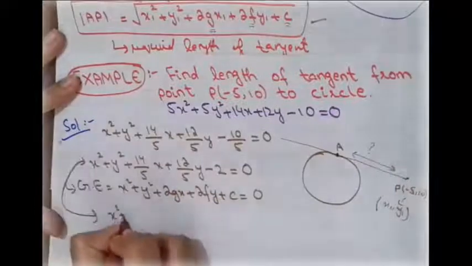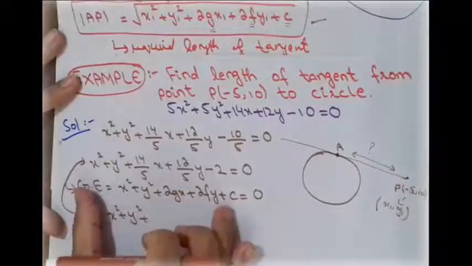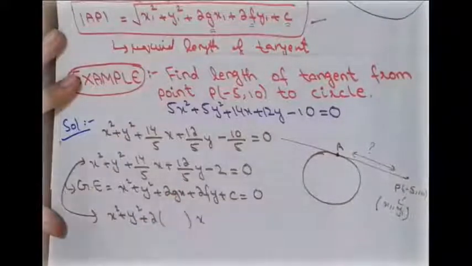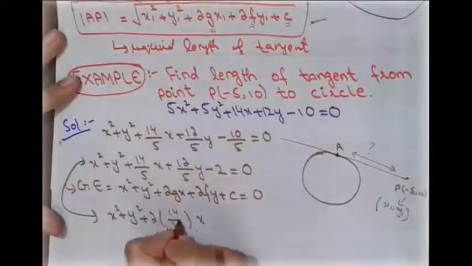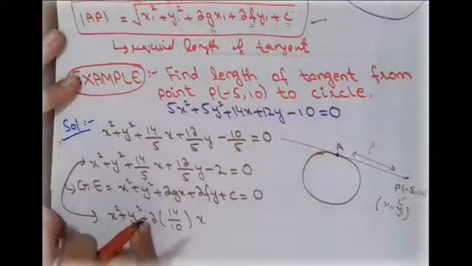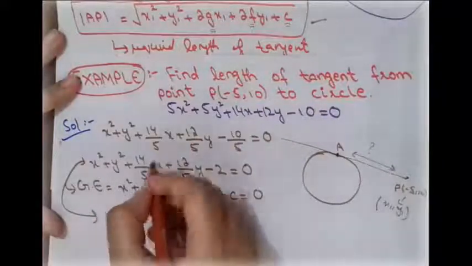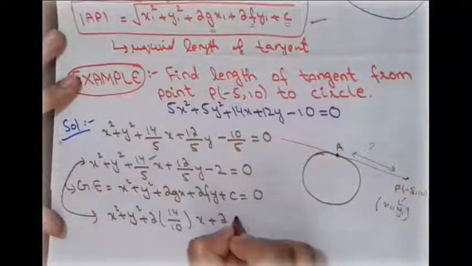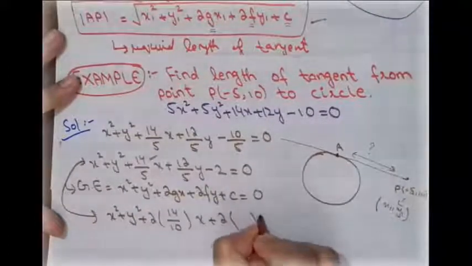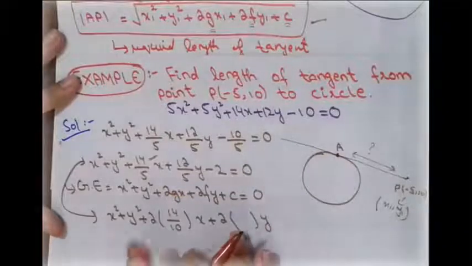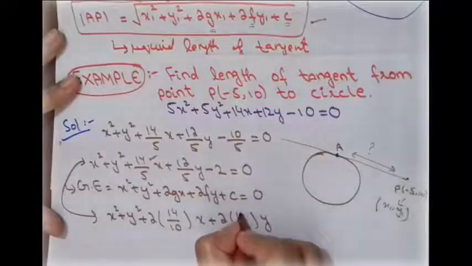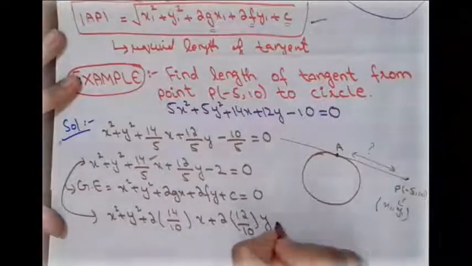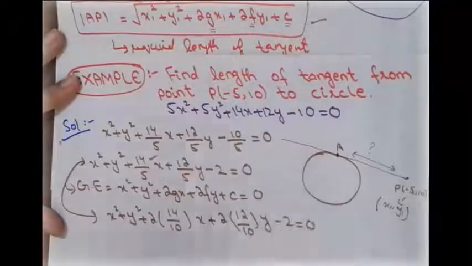If we write it in this form, the value of g will be 14 over 10, which after canceling is 14 over 5, and we take the value of f, which is 12 divided by 10, and minus 2, which equals 0.